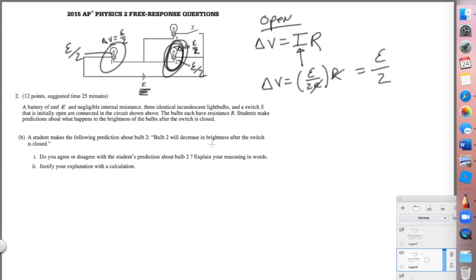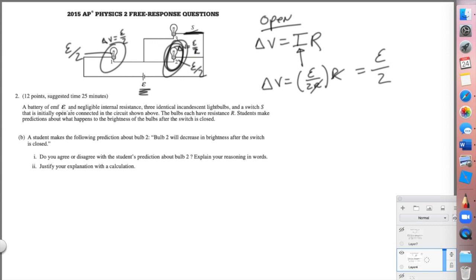Okay, now when the switch closes, that's going to change the current through bulb number 2, and therefore the voltage across bulb number 2.